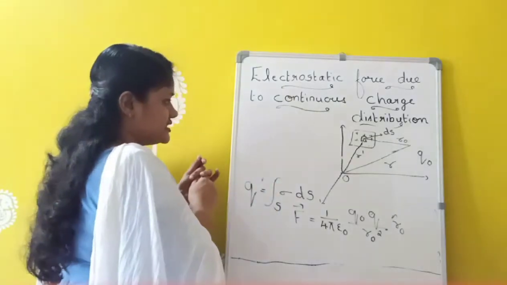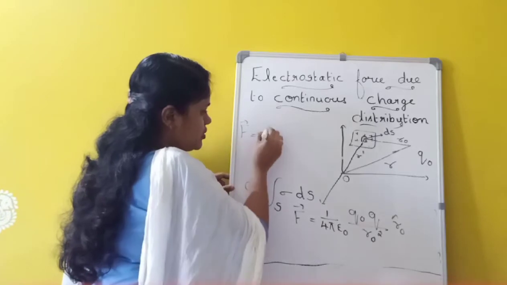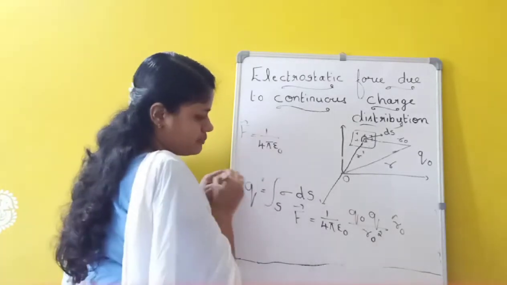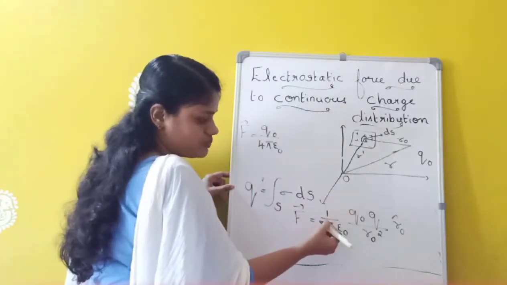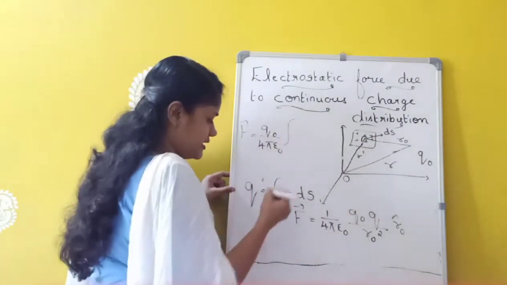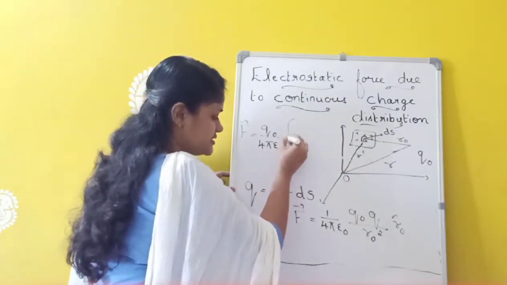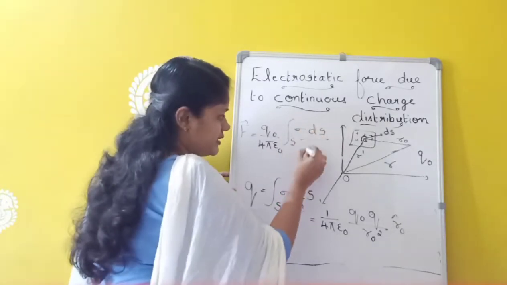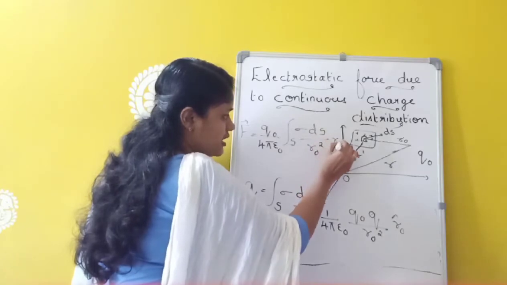So I will be getting vector F equals 1 by 4 pi epsilon 0. This Q0 I am taking here: Q0 by 4 pi epsilon 0 integral. Instead of Q, I can write the surface integral sigma ds divided by R0 square into unit vector R0.